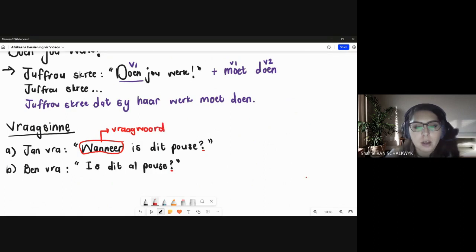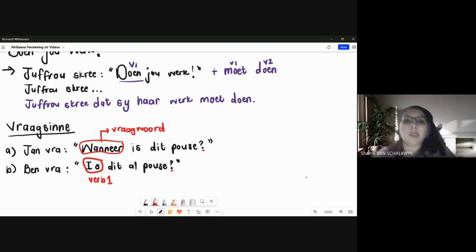And then this one starts with a verb. So this will usually count as your verb one, whether it's an auxiliary verb or a main verb like is, but it can be sal or kan or het, all those helping verbs can be there. Then it's also a question.